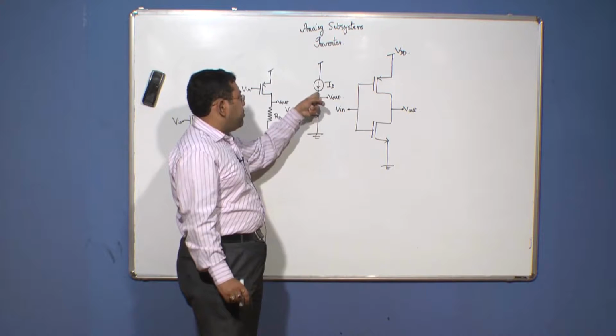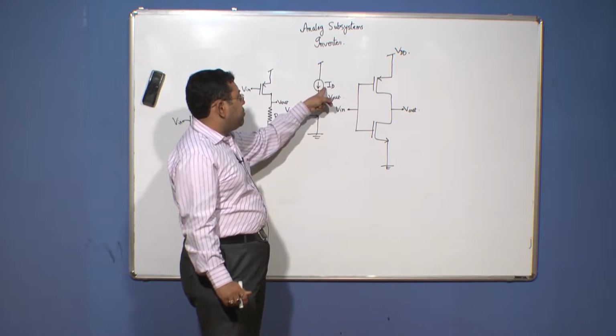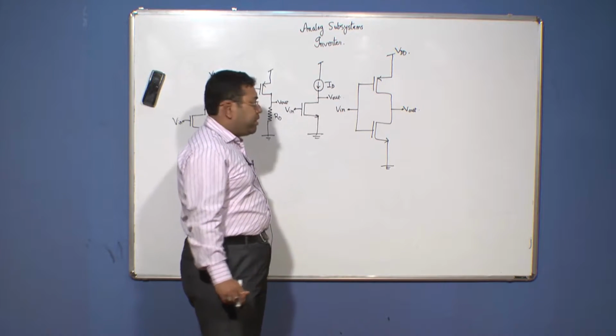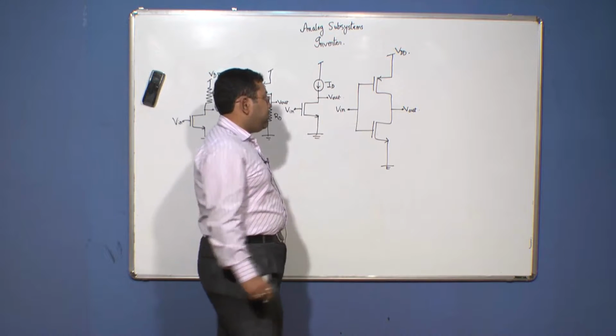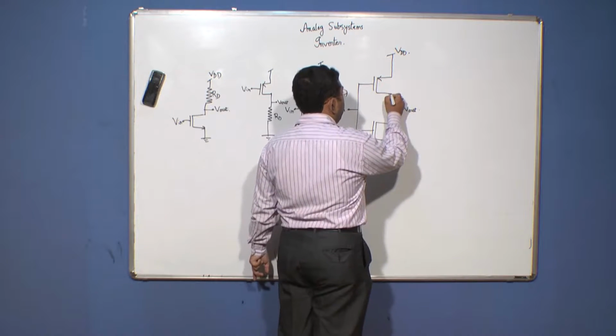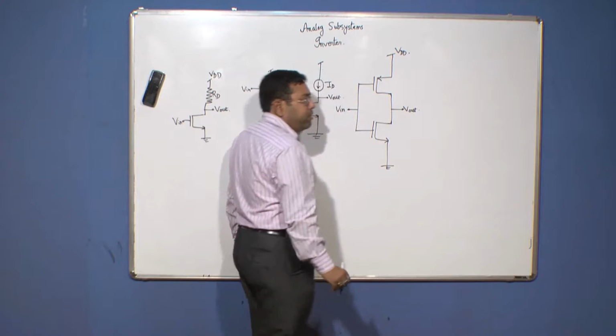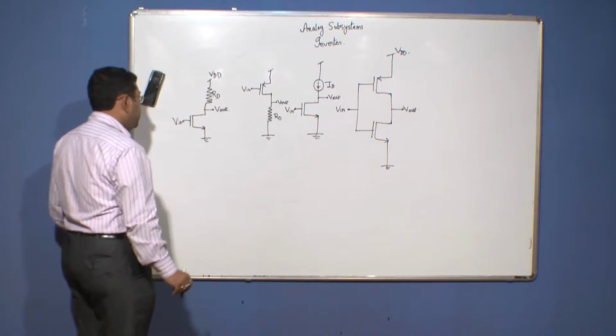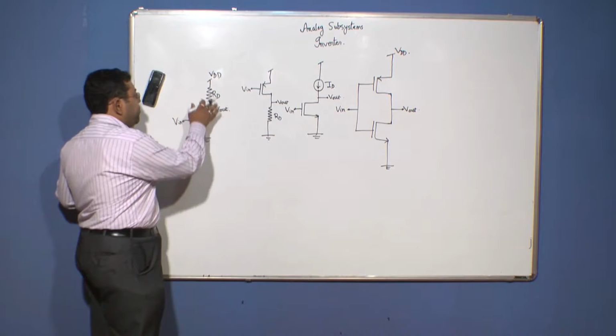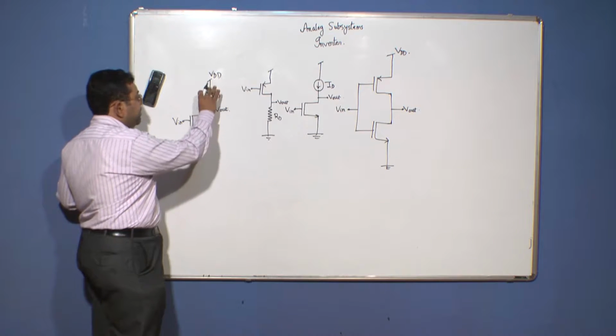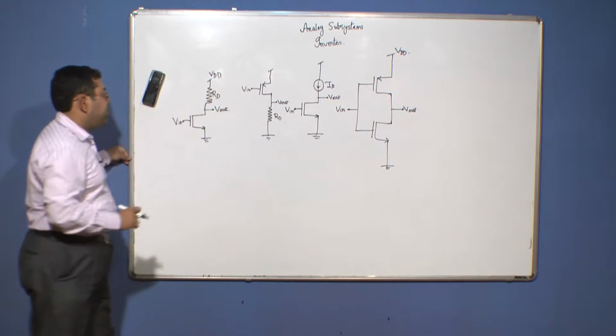The third inverter shows a current source at the load, and it is called a current source load inverter. The fourth one is very popularly used and is called a CMOS push pull inverter. So, let us start with the resistive load NMOS inverter.